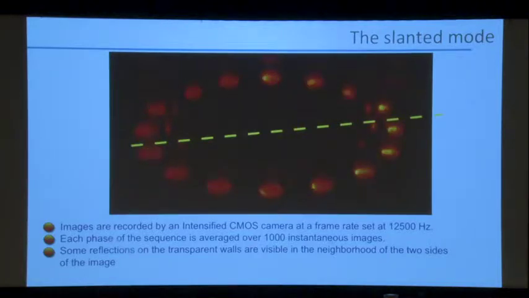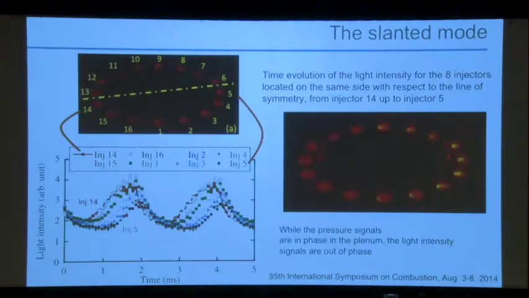All right, so now this is a slanted mode. Again, we are not going to look at all the details here, but what is interesting here is that in this case, this shows the light intensity. So it has the features of a spinning mode, but it looks like a wave somewhat, but it looks different from a purely spinning wave.